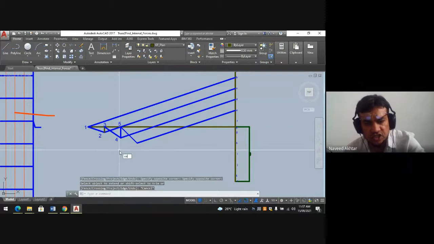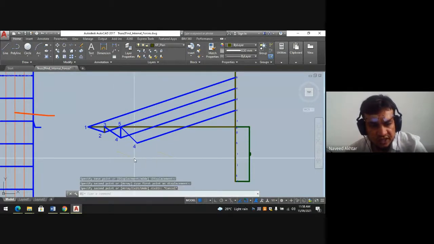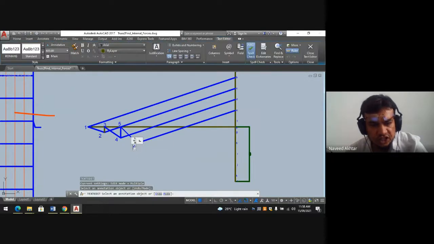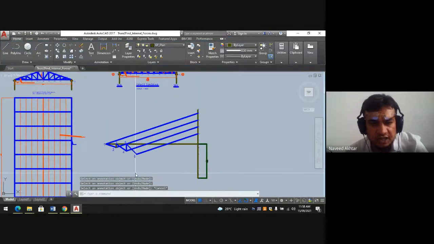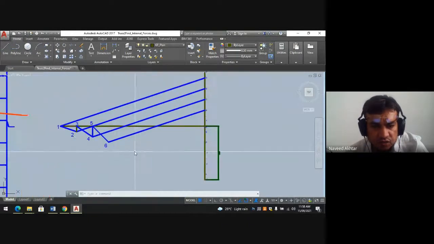Okay, so that is nothing but your 6 point. And again 6 to M is horizontal line. 6 to E is inclined line.